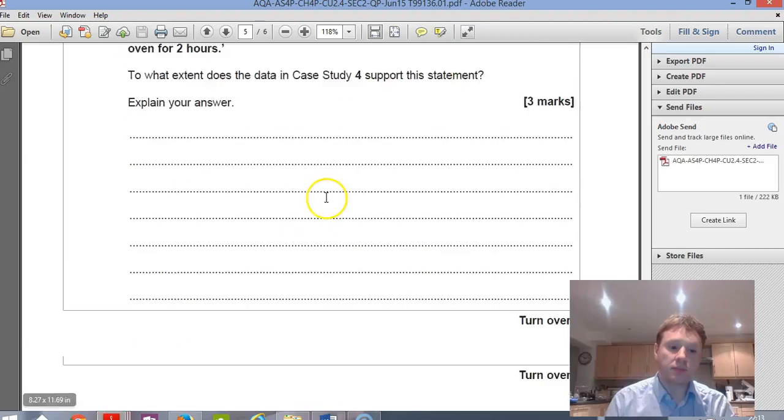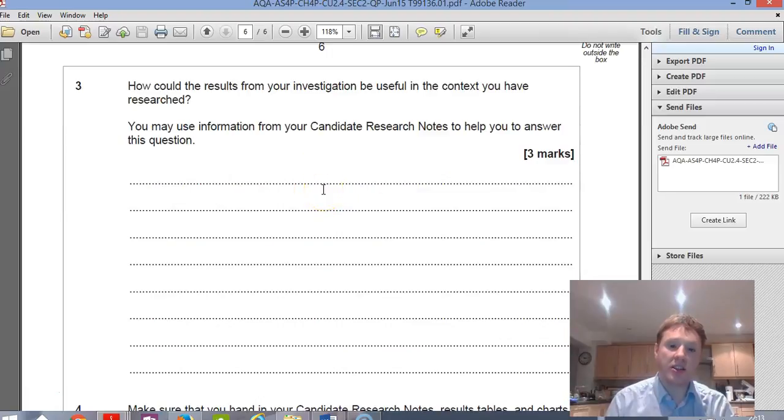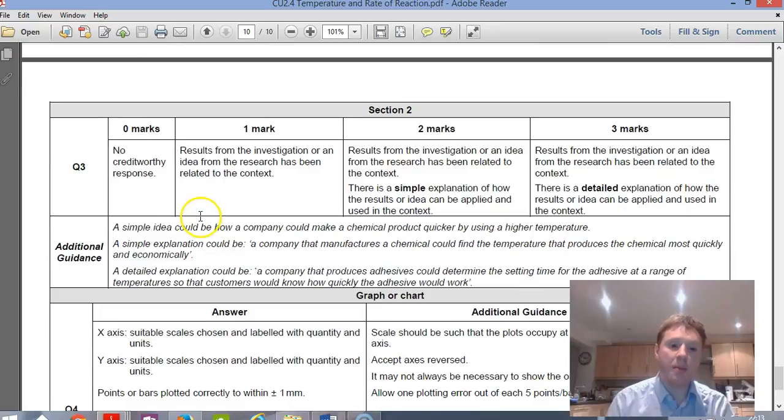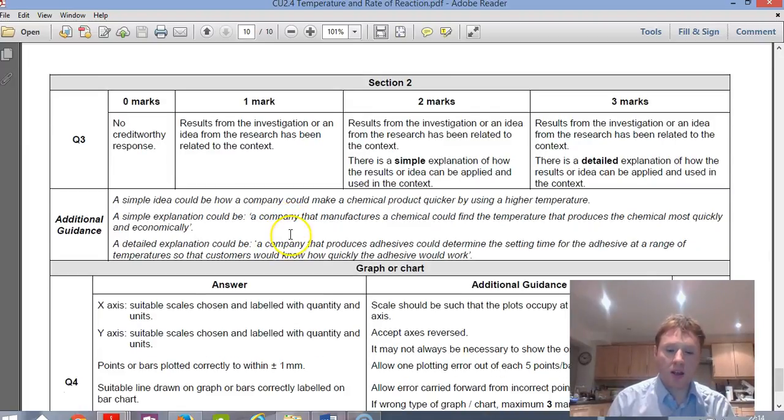And then the last two questions have been the same in all past ISAs. Context, so you need to think context, for example, temperature. To get a detailed explanation, you need to say why this experiment is relevant.